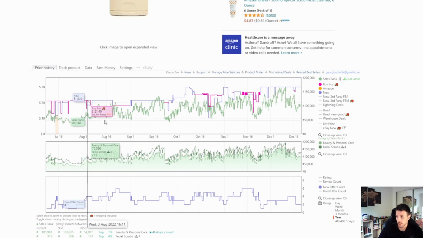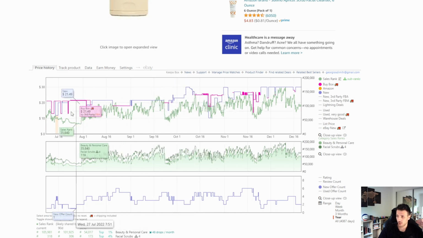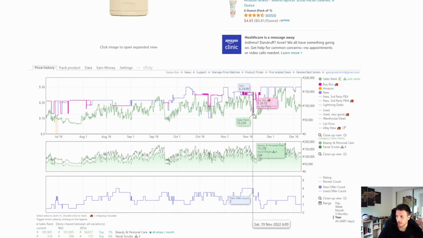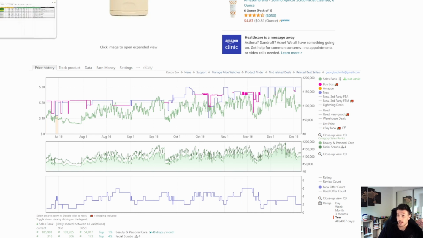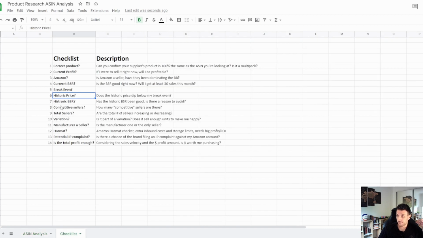There's a very good cushion of safety between our break even and the actual buy box. It's always been above it, even whenever it's dipped quite low. The only real threat is Amazon in this case, so I would consider it okay in that sense.